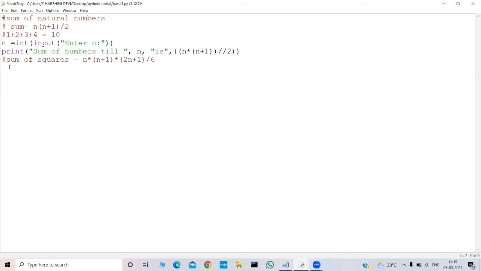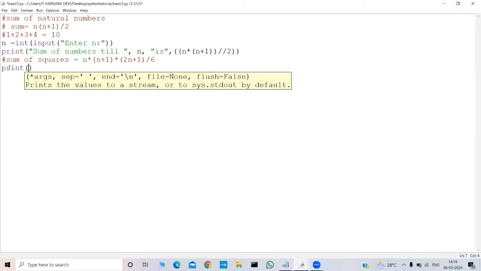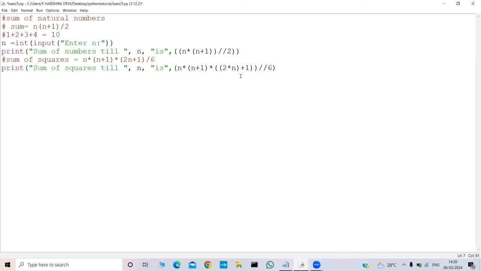Let's consider this input itself, and then let's print sum of squares till n is n into n plus 1 into 2 into n plus 1 by 6, right?